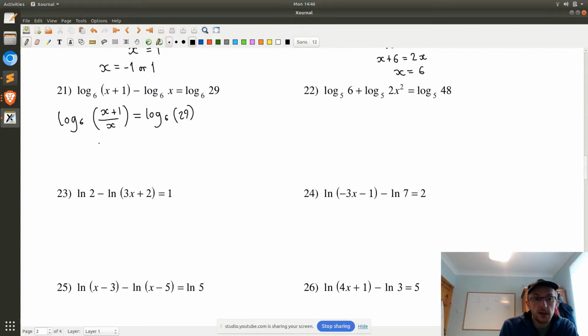Raise 6 to both sides, move that x over. So 1 is 28x, so x must be 1 over 28. Combine them.